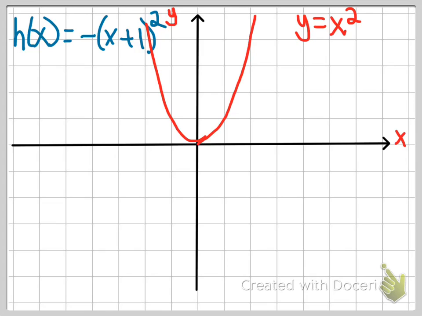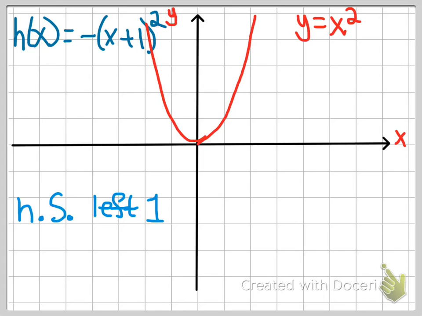Now in blue, I'm going to write down what the transformations are. We have a plus 1 inside the parentheses, like we were talking about. When it's inside the parentheses, it is a horizontal shift. So I'm going to write that, a horizontal shift. Because it's a plus 1, we're going to go to the left 1 unit.